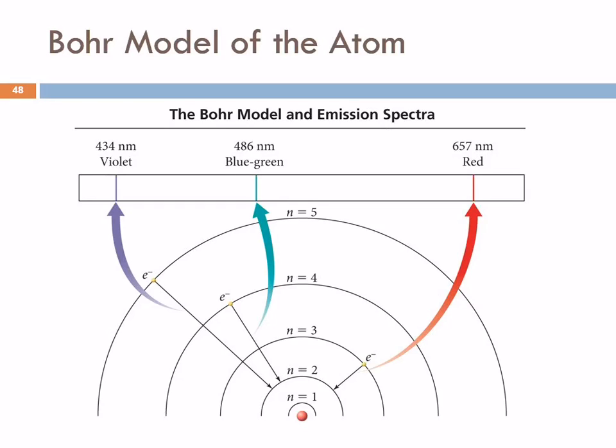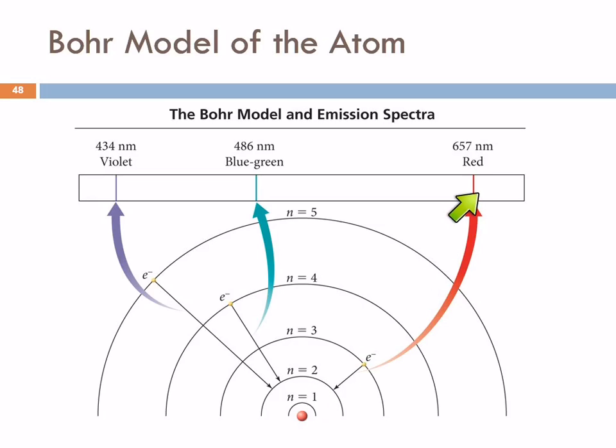So you think if an electron from a higher energy orbit goes towards the center of the nucleus, you're giving off more photon energy. It'll give off a photon with higher energy. Great. So the difference in energy between n equals 5 and n equals 2 is greater than n equals 3 and n equals 2.